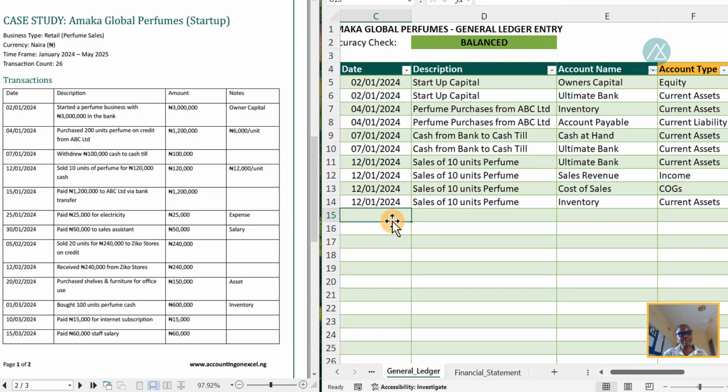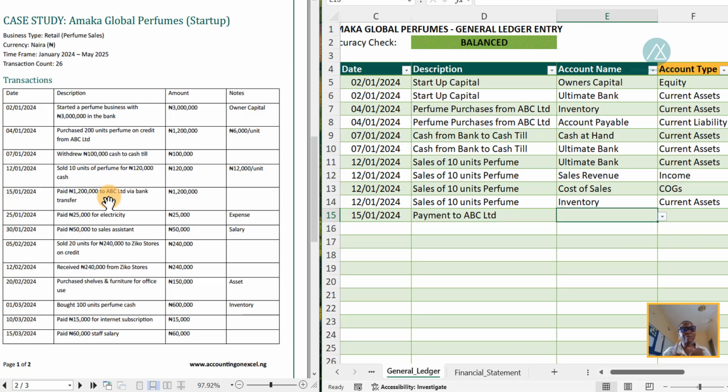So let's move ahead. Let's pick another transaction. It says on the 15th of January 2024, paid 1,200 to ABC Limited via bank. Meaning that the money that we are owing the vendor, the ABC vendor, we are making payment, right? So payments to ABC Limited.